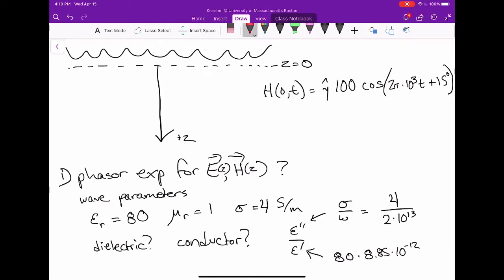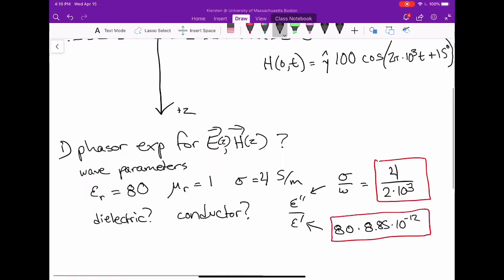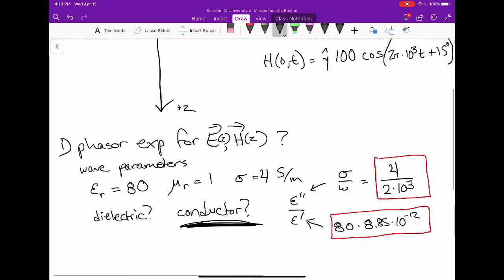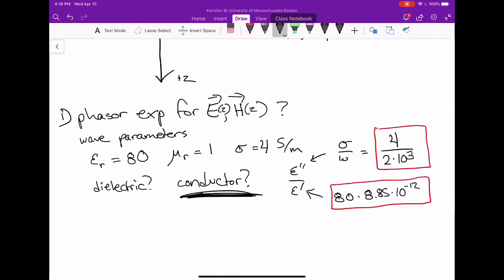You can tell by looking that epsilon double prime is definitely more than 100 times larger than epsilon prime, so that makes it a good conductor.